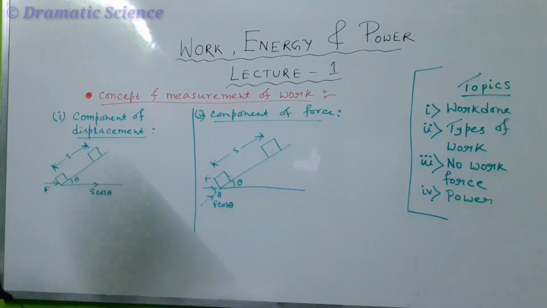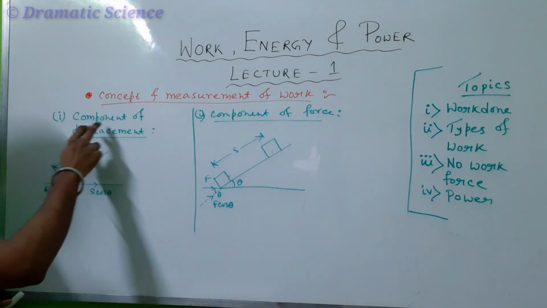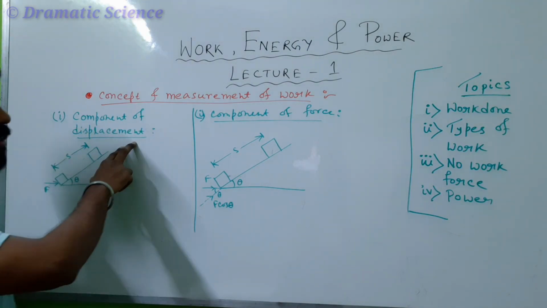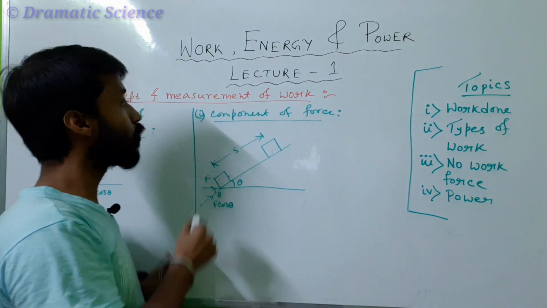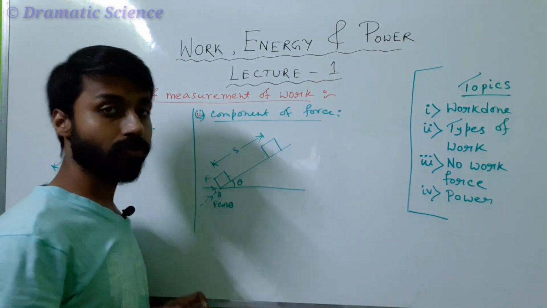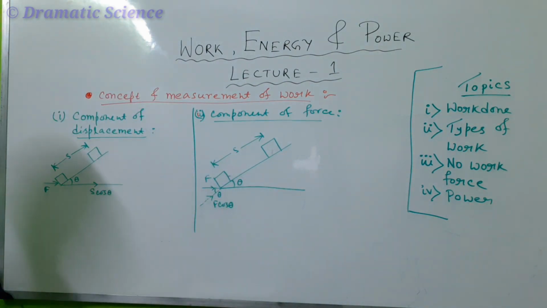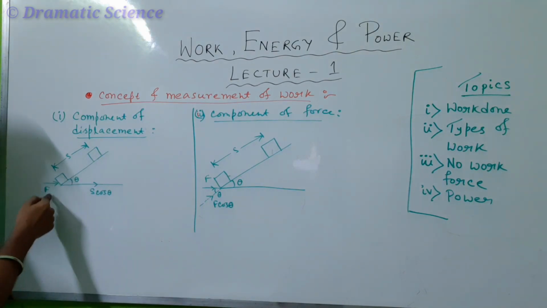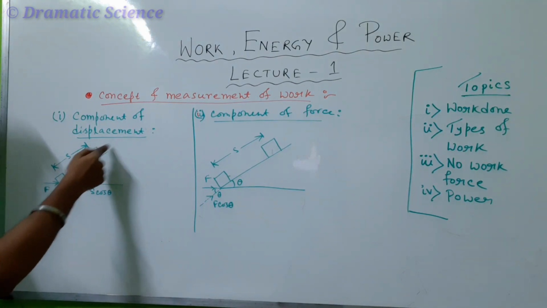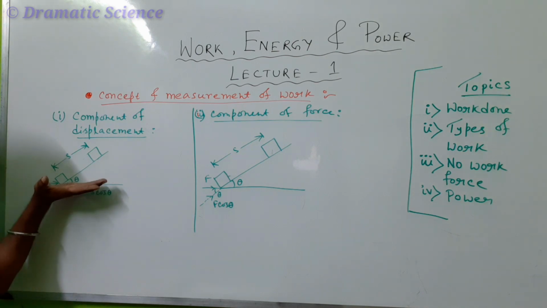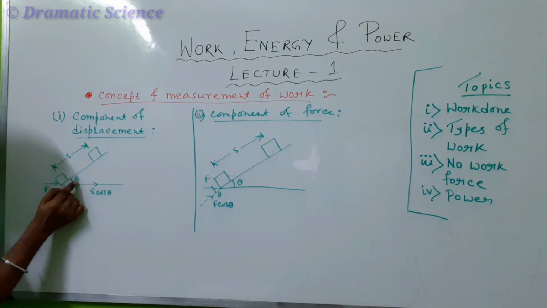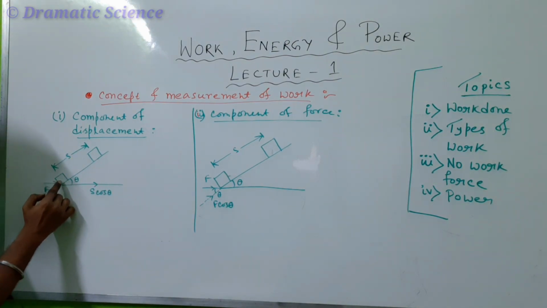Now we have two interesting concepts. Number one is component of displacement and number two is component of force, right? Suppose we are considering an inclined plane, this surface which is inclined at an angle theta, right? Here is a block, as you can see.